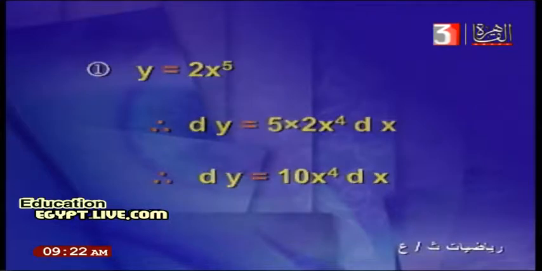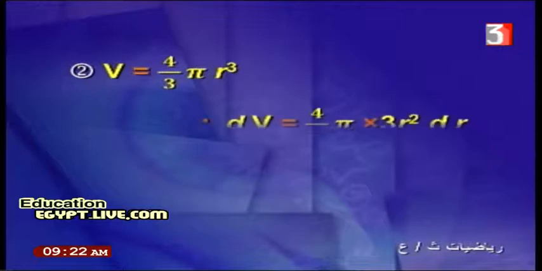Number 2, v equals 4 over 3 pi r power 3. Then dv equals the derivative of 4 over 3 pi r power 3.